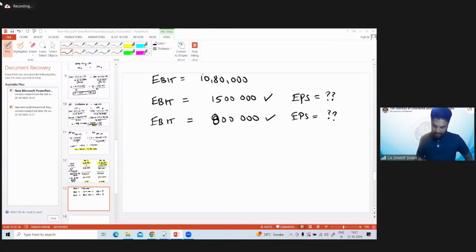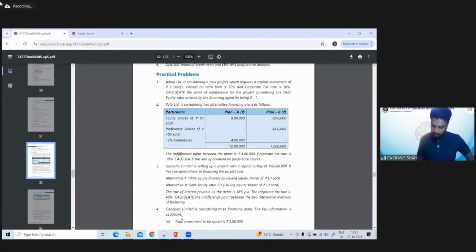Number of equity shares outstanding, see, it is given in the question. Alternative 1 is this only: 100% equity finance by issuing equity shares of 10 each. See, the question is the same, question 3, just the EBIT I have changed.